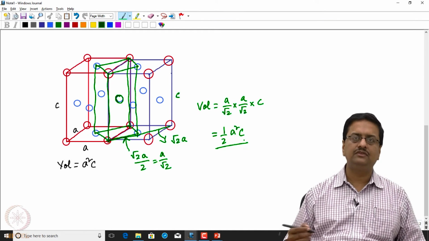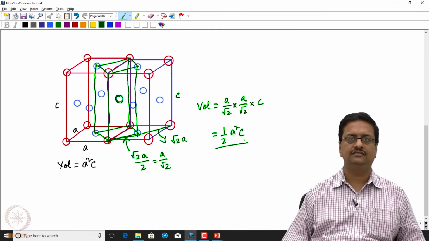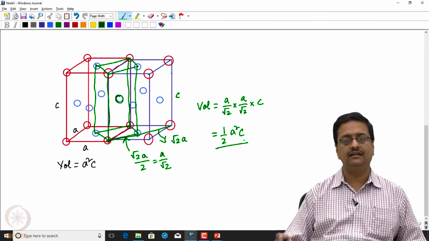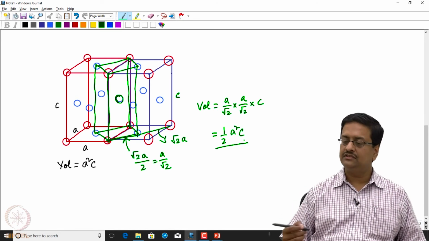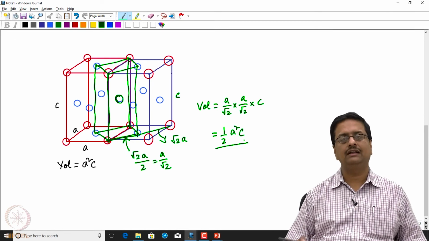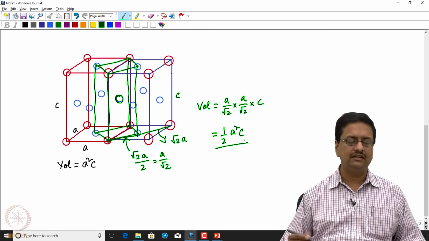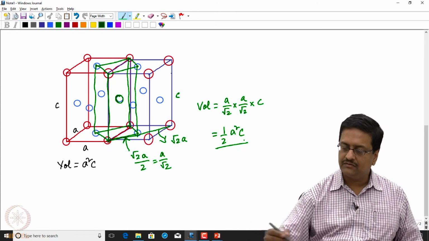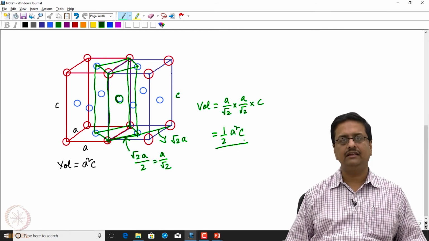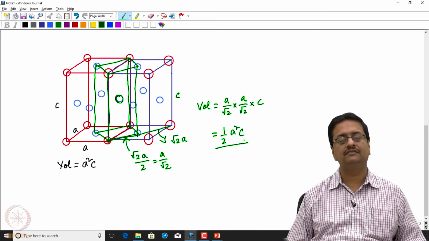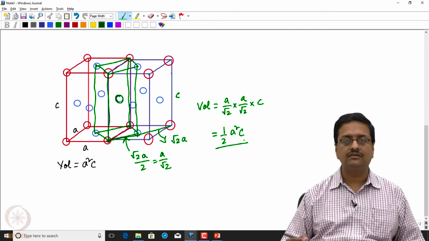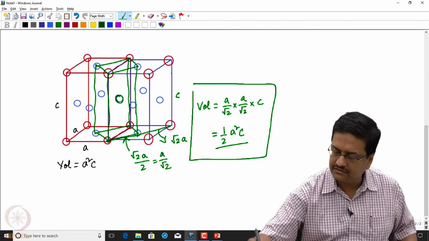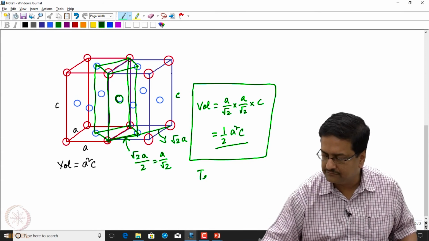If we have a choice between two different symmetry lattices, then we should choose a lattice of higher symmetry over a lower one. So, this is where we need to make a decision what lattice should be chosen at the beginning of any crystal data collection. In this particular case, what we saw is that tetragonal I has a volume which is half compared to that of tetragonal F lattice, and hence we consider this as the Bravais lattice tetragonal I.